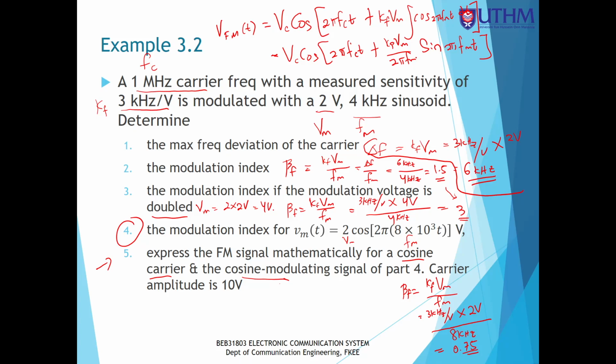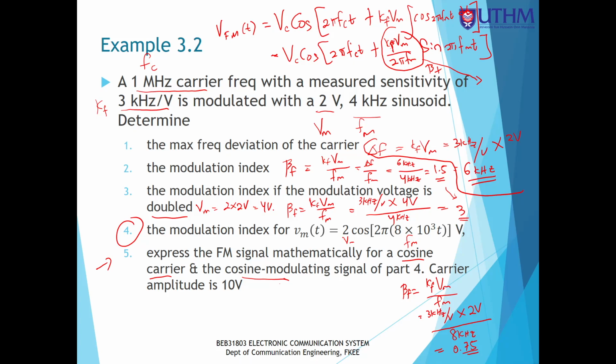So kf Vm over 2 pi fm, this is actually referring to beta f. Beta f from part 4, because we already calculated the beta f from part 4. Sorry, this is kf, not kp.